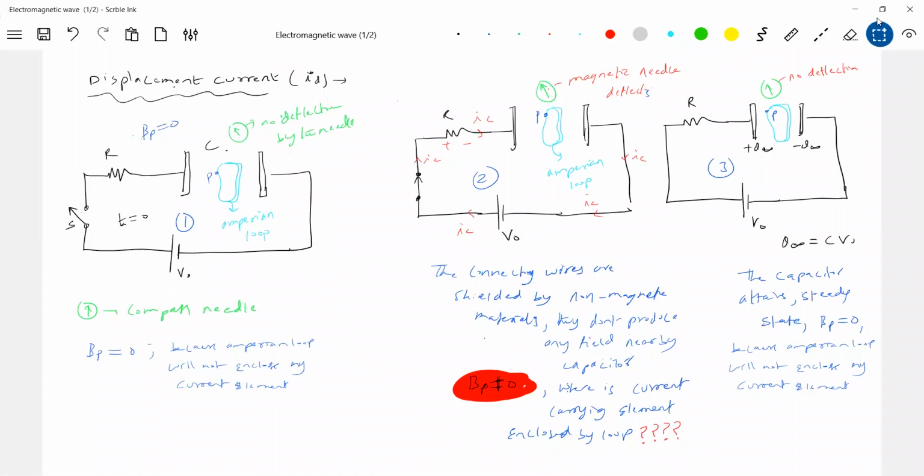Okay, sir. Here, this IC also, I'll call it a conduction current. What is IC? It's the current that is flowing in the wire due to conduction electrons, the free electrons.